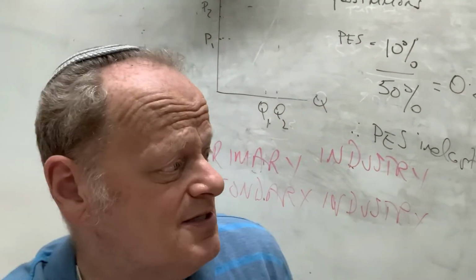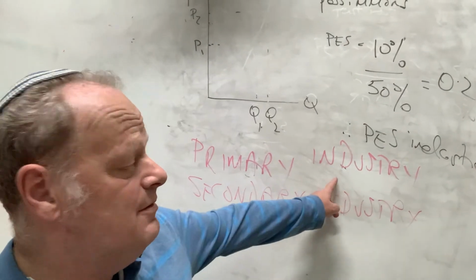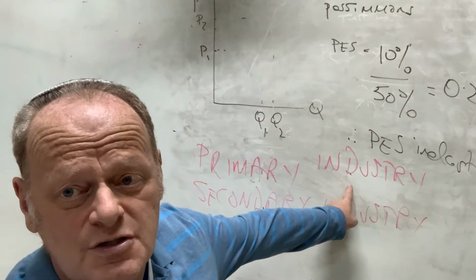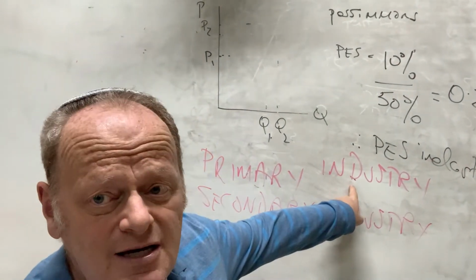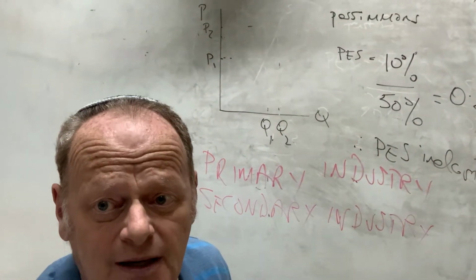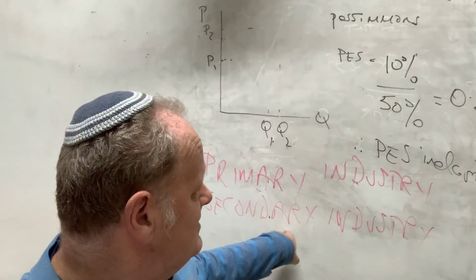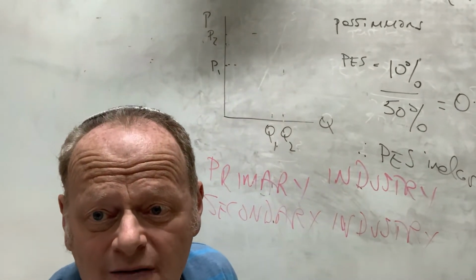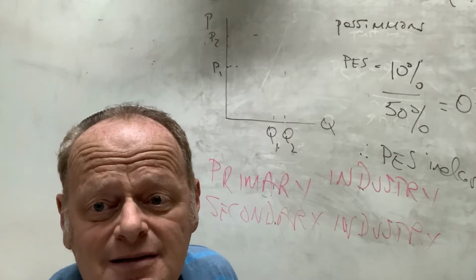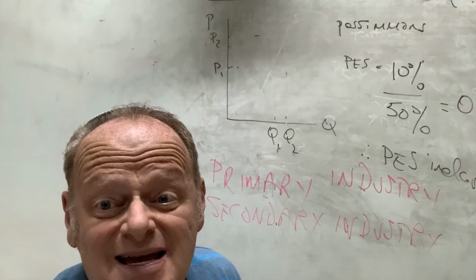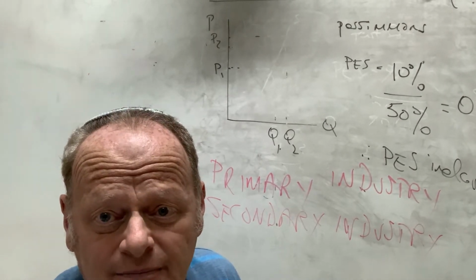Whereas primary industry, which is mining, forestry, farming and fishing, extractive industries, tends to be price inelastic in supply, secondary industries, which is another name for factories, manufacturing, tend to be more price elastic in supply.